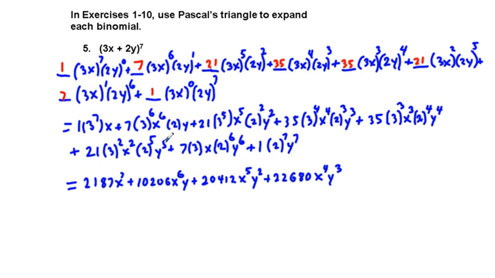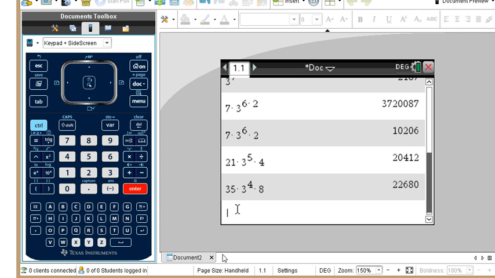And the next one we're going to be looking at is this one, 35 times 3 cubed. Well, 3 cubed is 27. So 35 times 27 and 2 to the fourth is 16. So 35 times 27 times 16.